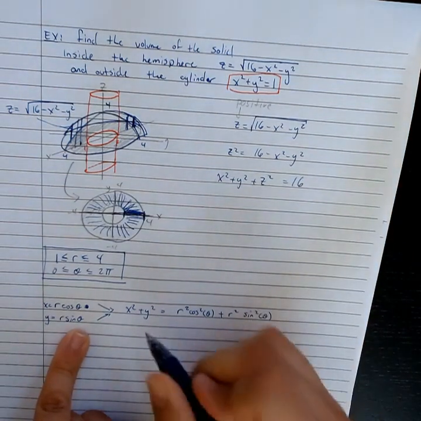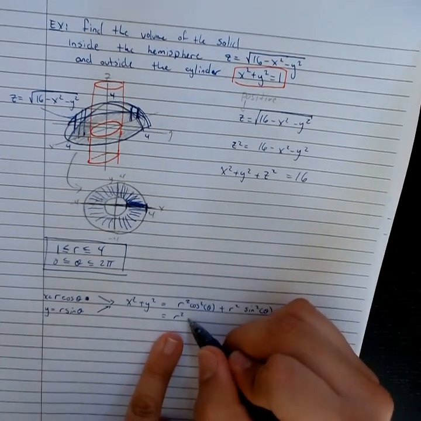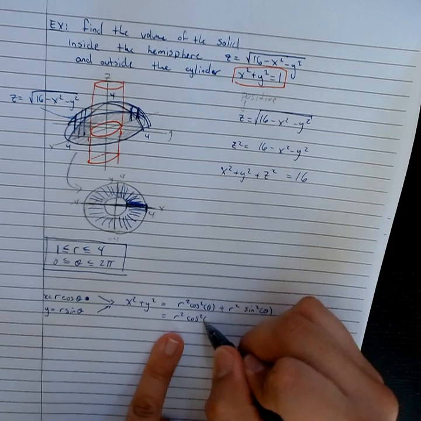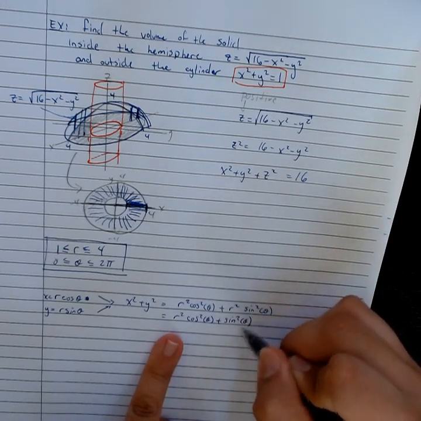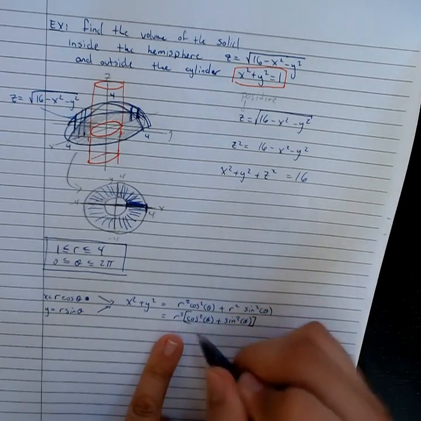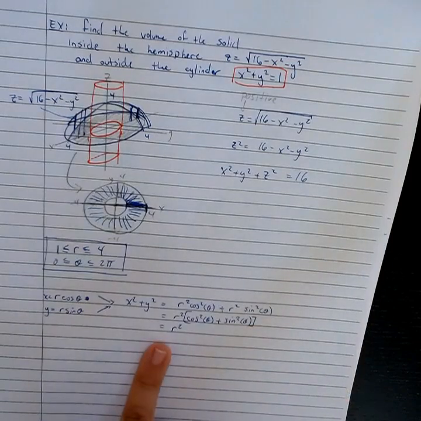I can factor out r squared, giving me cosine squared of theta plus sine squared of theta, just like that. And now that, by the Pythagorean identity, is just the number 1. So that's just r squared.